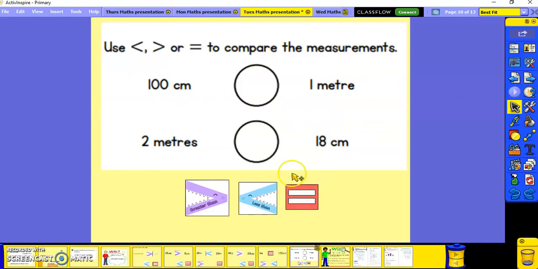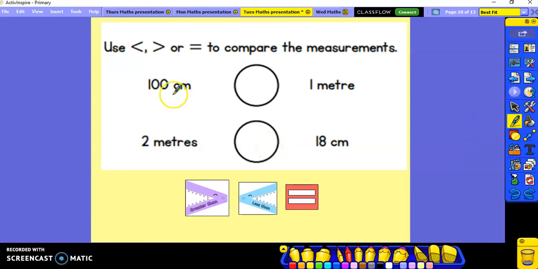Okay, now this is going to look a little bit more similar to what you will be doing today. So it says use the less than, greater than or equal to sign to compare the measurements. So just like we've been doing on the board, you've got measurements and then you've got a space in the middle for you to draw in your symbol. Now remember, take care to look at the units of measure.